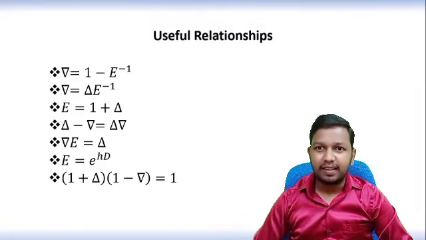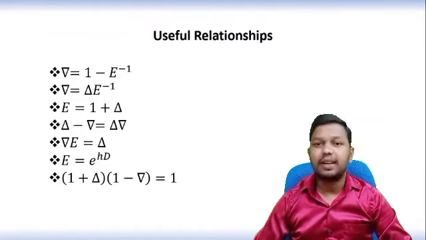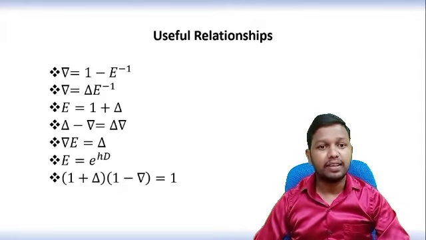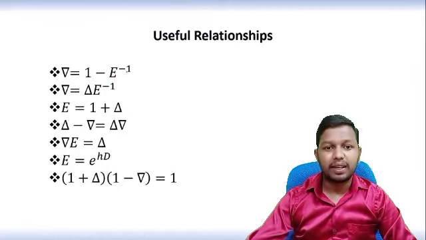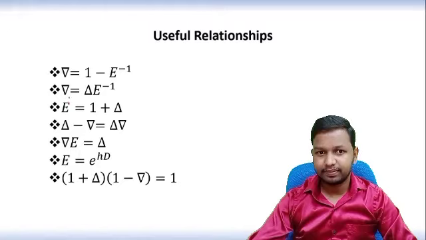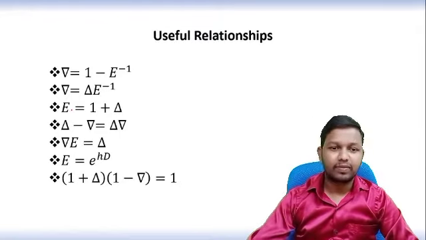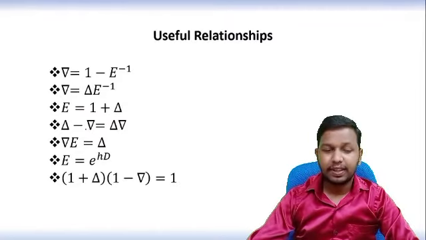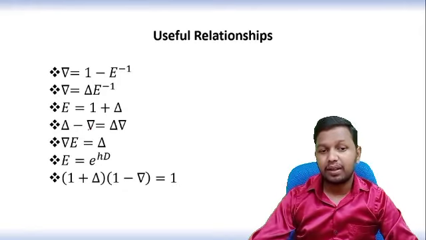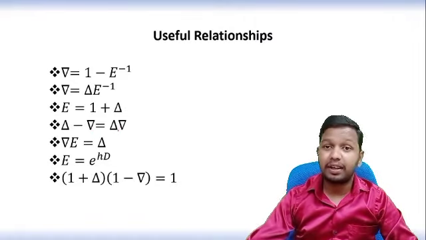So let's see some useful relationships between shift operator, forward difference operator and backward difference operator. Under that, first one is nabla equals 1 minus E power minus 1, and next one nabla equals delta into E power minus 1, and E can be written as E equals 1 plus delta, and relation between the delta and nabla itself is delta minus nabla equals delta into nabla.